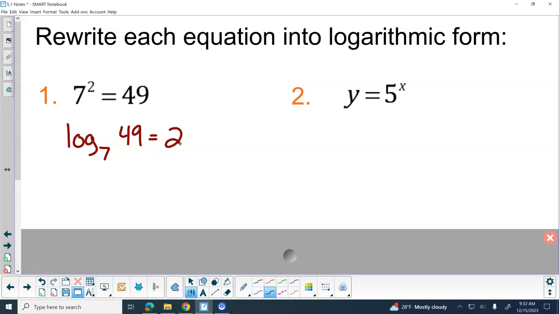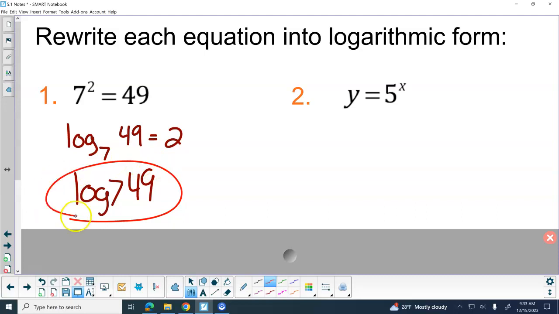Otherwise, if you get it even bigger, it looks like you're taking the log of 749, which is different than log base 7 of 49. Okay? So don't do that. Keep your base small and low. Low and small.